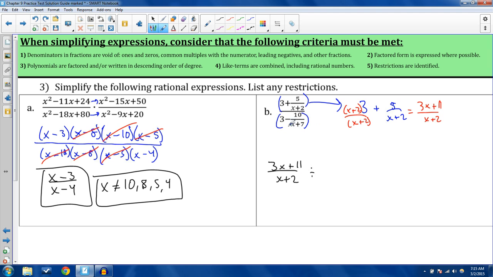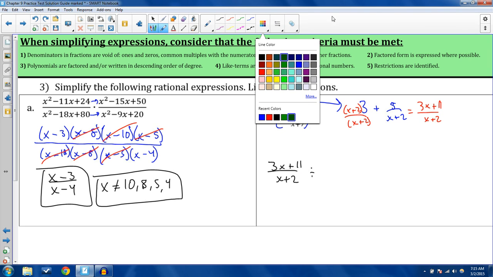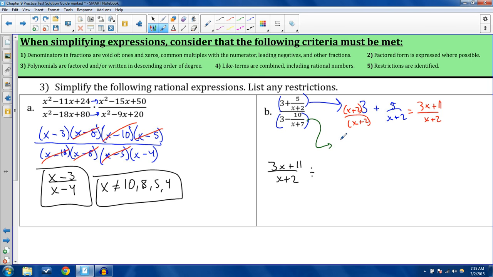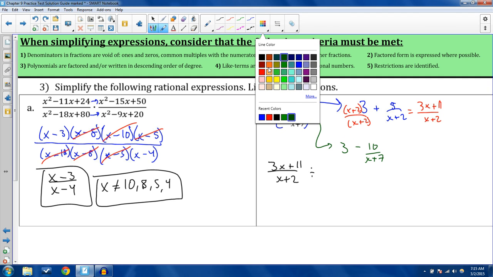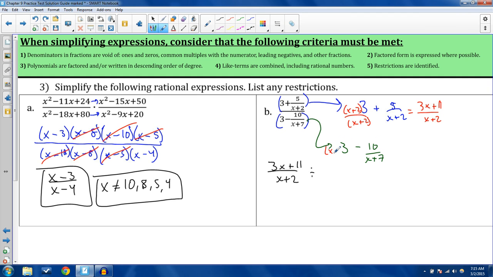And I'm going to divide this then by what's on bottom. If I go and draw another arrow, let's do a different color. If I do 3 minus 10 over x plus 7, and I multiply 3 by x plus 7 over x plus 7, then I'll have a common denominator, and this will then become 3x plus 21 minus 10, so 3x plus 11 all over x plus 7.